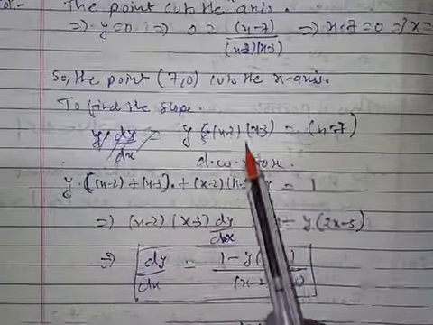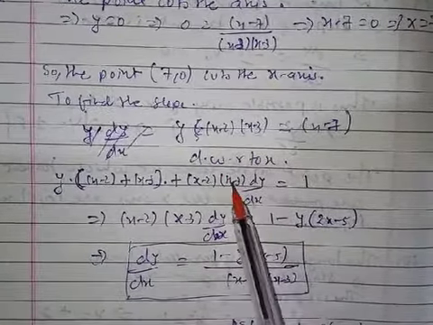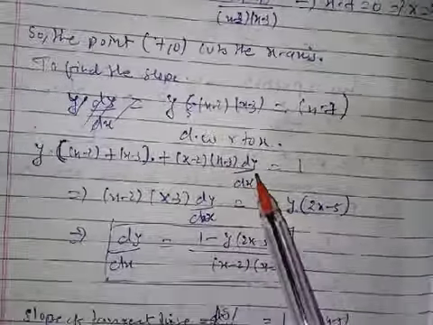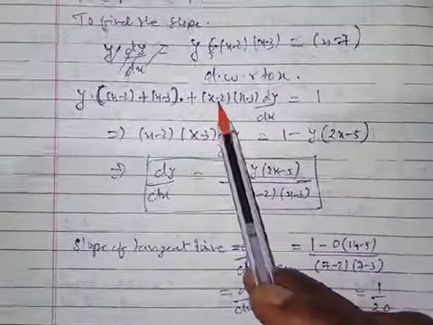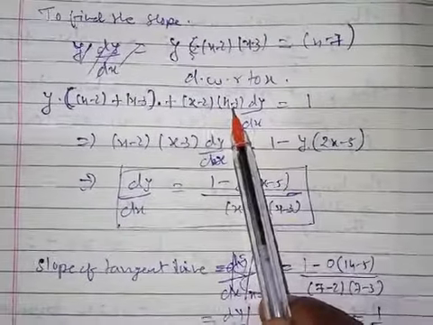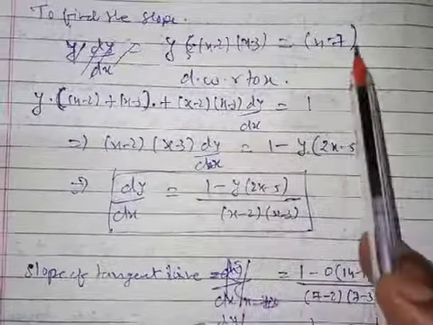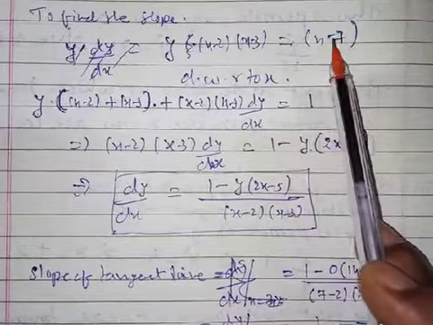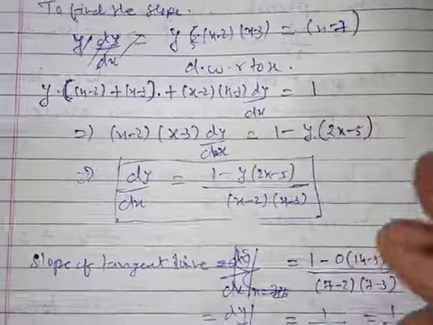Now x minus 2 and x minus 3 are kept as constants and we take the derivative of y. So dy by dx is equal to this much. Y is equal to 1. Here x, this is constant so 0, and the derivative of x is 1.